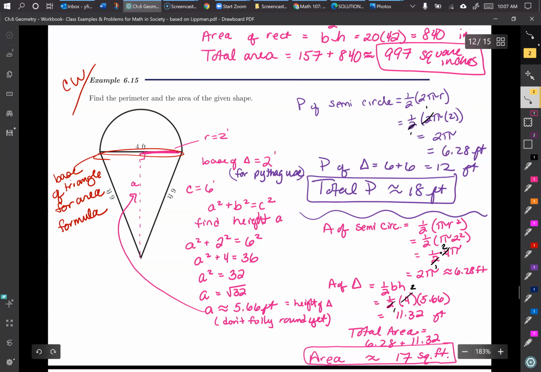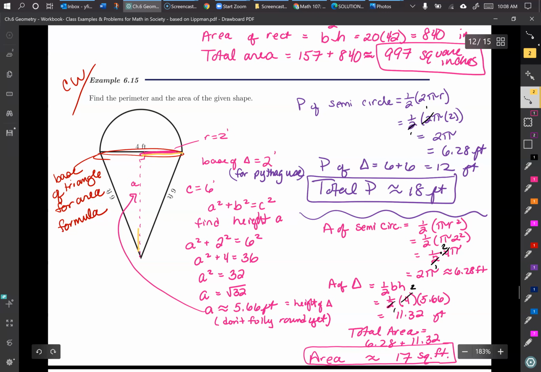Now the area of the semicircle is a little tricky because I need this dimension for the height of the triangle, and I said the base to use to find that with the Pythagorean theorem. I wrote your note here. That's just for the Pythagorean usage to find this height.